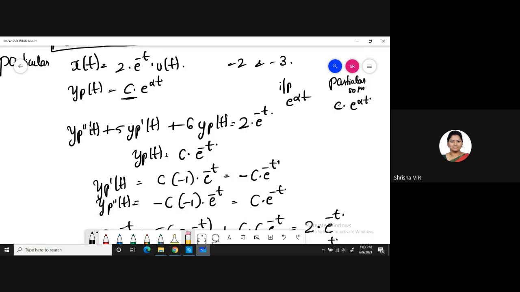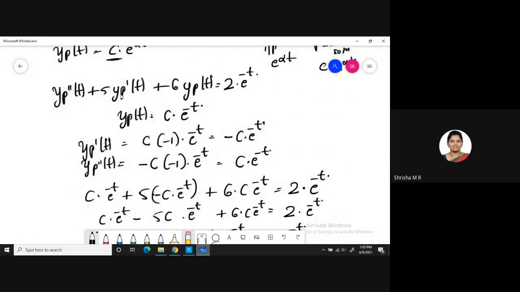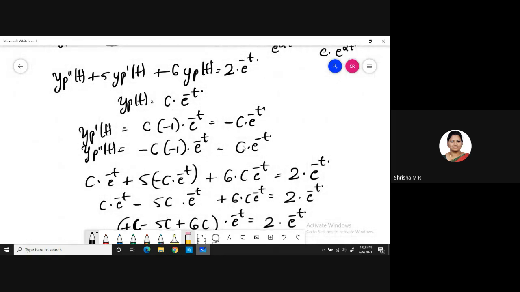You take that equation in the form of the differential equation, which is given in the question only. Now you find the first differential and second differential, put them in this equation, and find the value of the constant c.